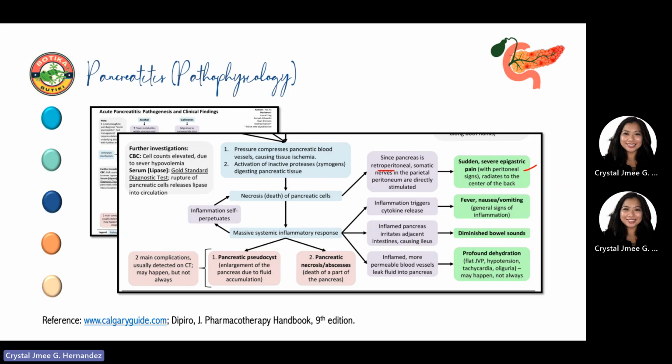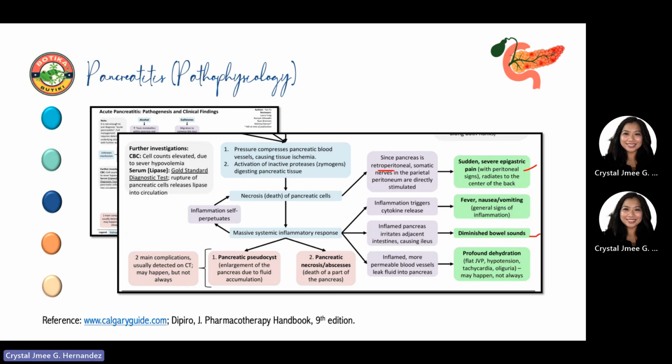There would also be triggering of cytokine release, causing fever, nausea, and vomiting. The inflamed pancreas would further irritate the adjacent intestines, especially causing ileus. That's why there are diminished bowel sounds. And inflamed, more permeable blood vessels leak fluid, leading to profound dehydration.